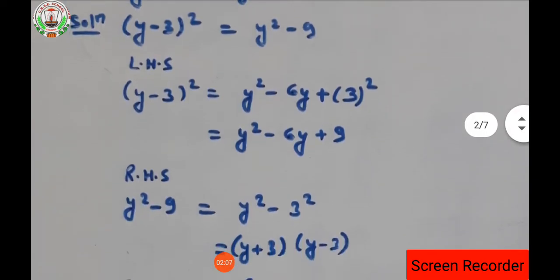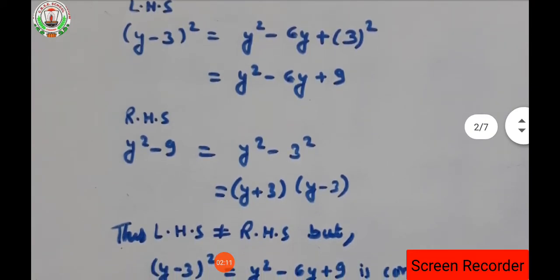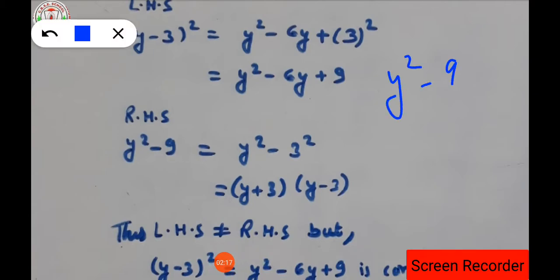Now we are going to solve the RHS part. Let's see what is said in the RHS part. In the RHS part we have y square minus 9. This is the RHS part of the question. Y square will be written as it is, and 9 can be written as 3 into 3, that is 3 square.